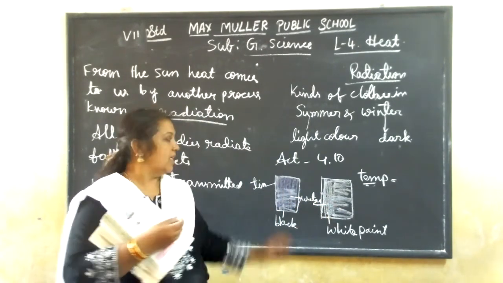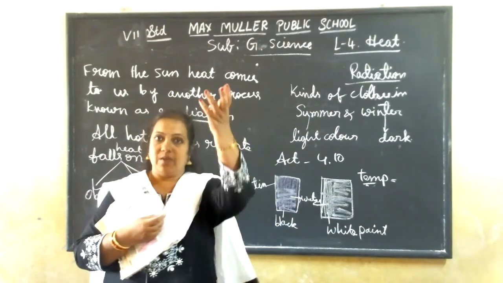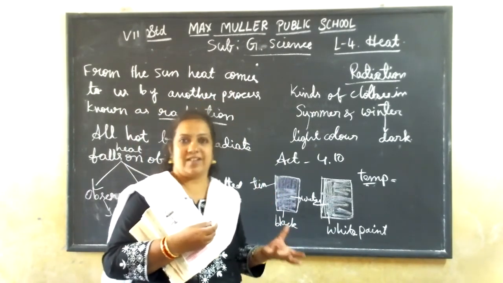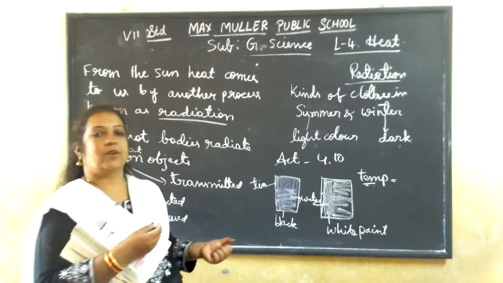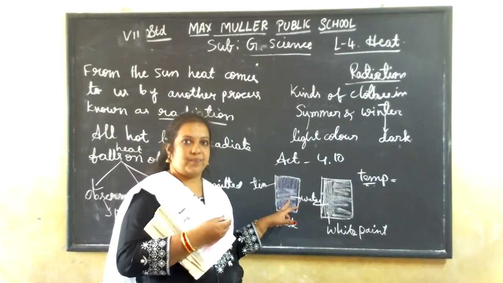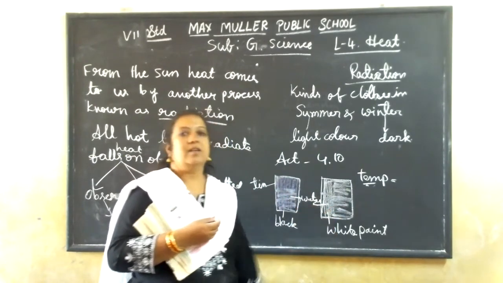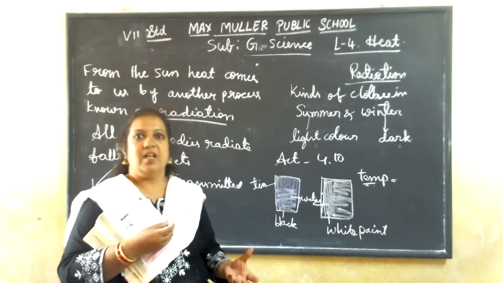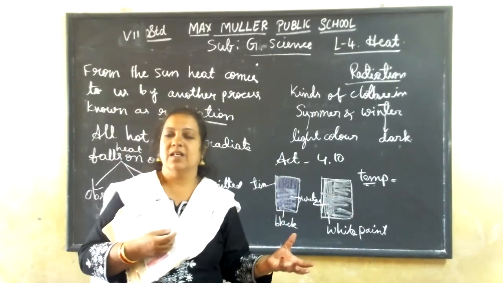Why? Because here black color is absorbing more. It is absorbing more amount of heat. That's why the water is showing more temperature. Here the white colored tin is absorbing less amount of heat and the water is heated less.